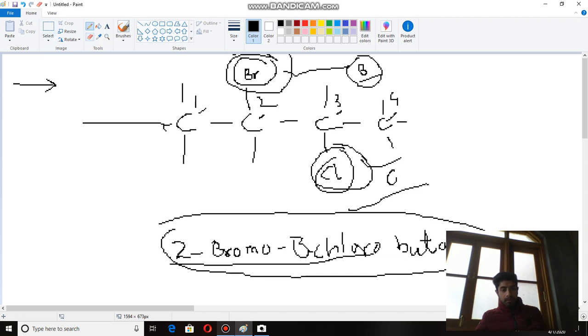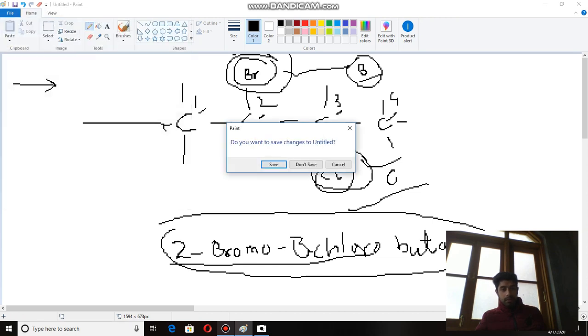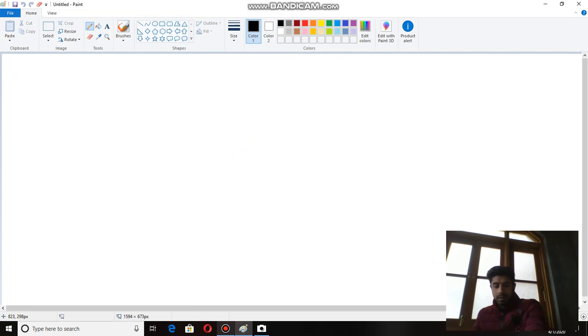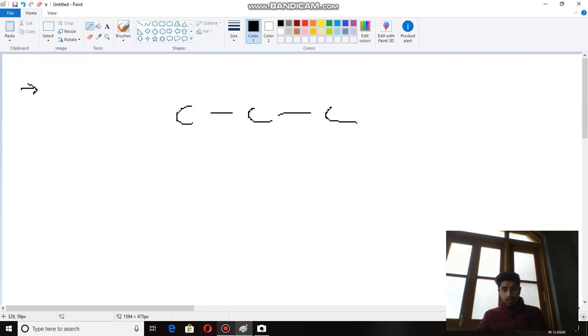Now there may be cases where some alkyl groups can be attached to this. For example, you can have a compound like this. Here this is 1, CH3 attached, and here it's bromine attached, rest all are hydrogens.